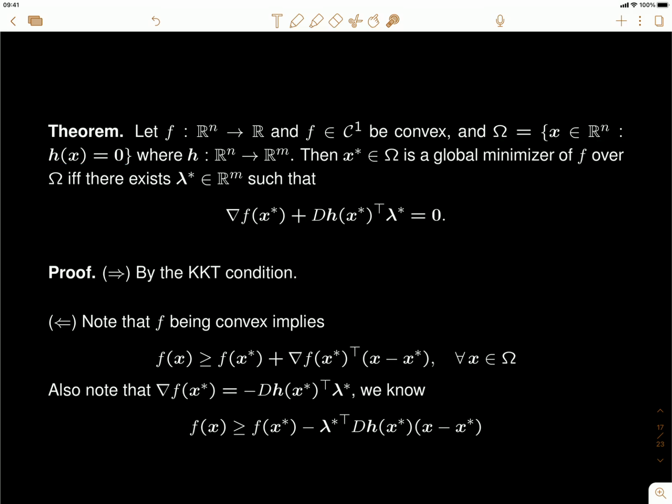This gives us a constraint, and we also need this to give us a convex set, such that omega is convex.